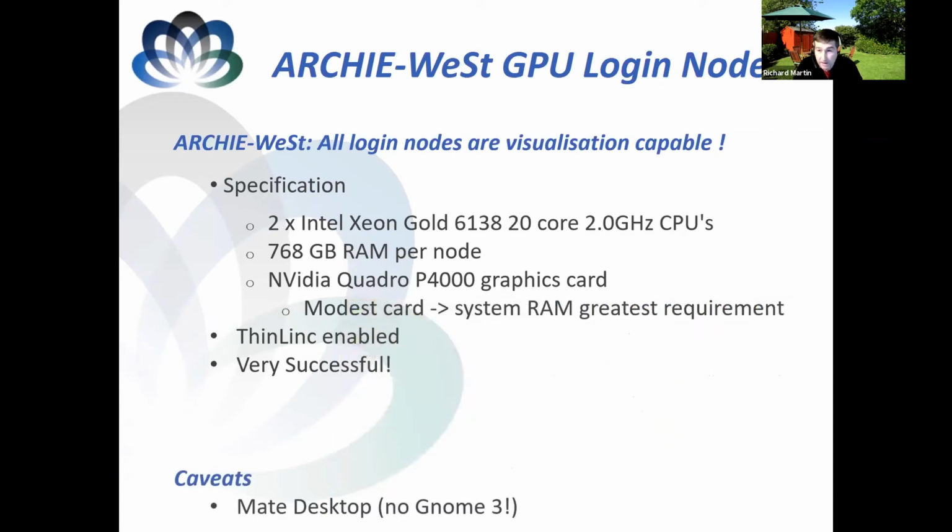Caveats. The only caveat that we could really think of was that you're limited in the desktop that you can run. GNOME 3 is not ideal. It tends to require hardware acceleration, which I don't think you could get to work with VirtualGL. But in any case, it's resource heavy, so we opted, probably like most places, to roll out the Mate desktop, and the users seem to be happy with that.